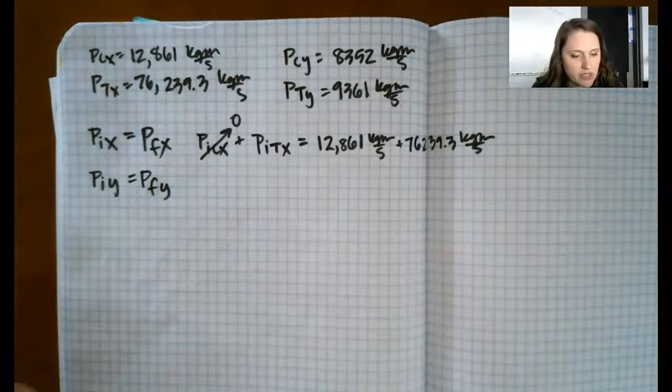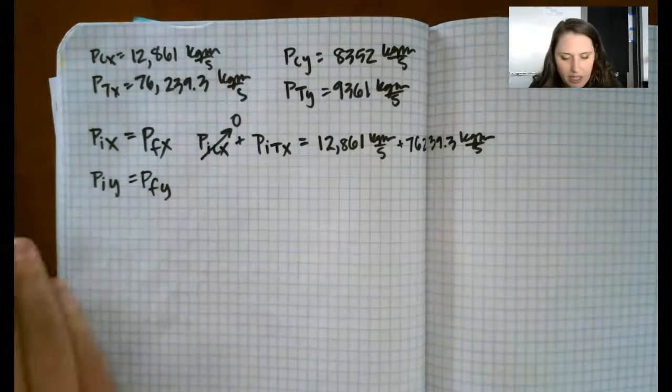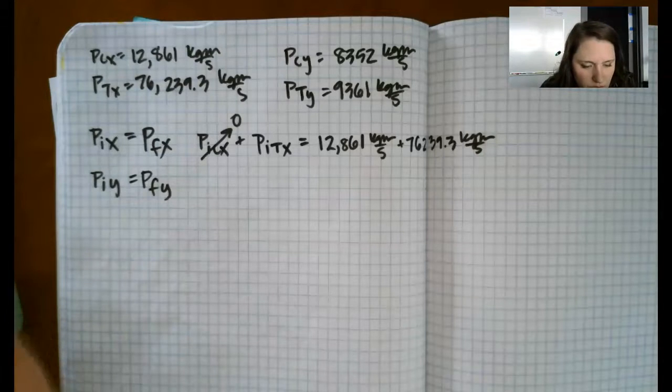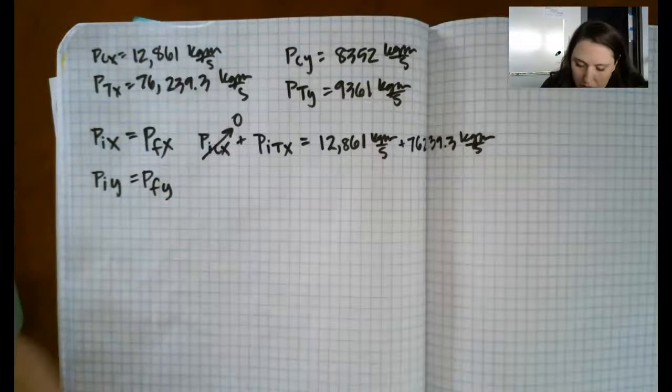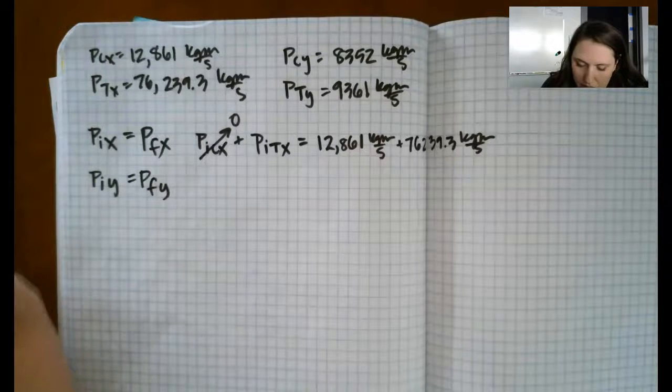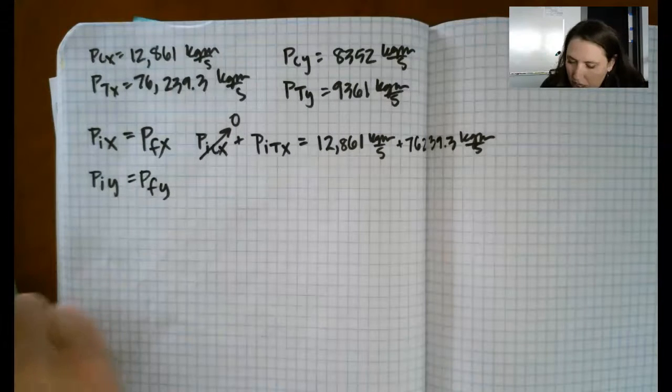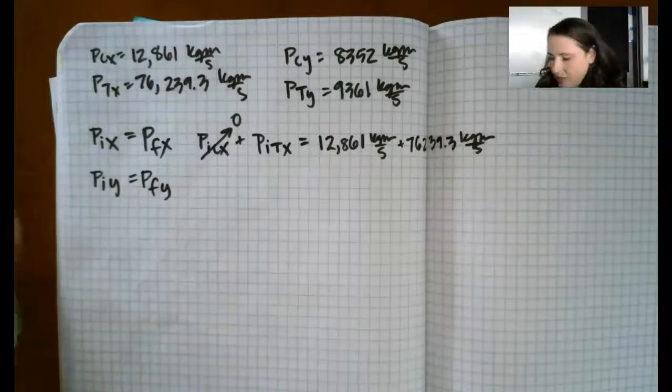So when I add those two things together, the momentum is 12,861 plus 76,239.3. I guess I can show you my calculator.